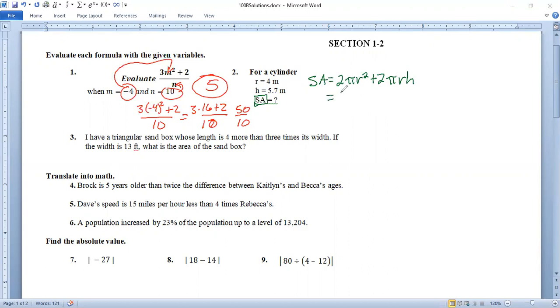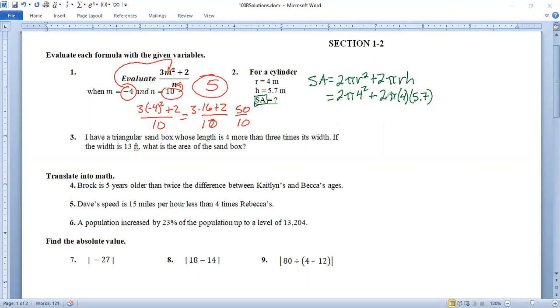So when we stick those in, we should have 2 times pi times 4 squared plus 2 times pi times 4 times 5.7. And we need to stick that into our calculator, and we get 2 times pi times 16, that's 4 squared, plus 2 times pi times 4 times 5.7.